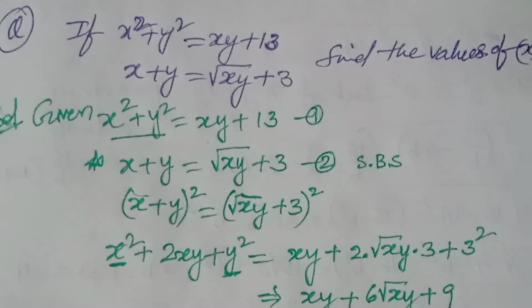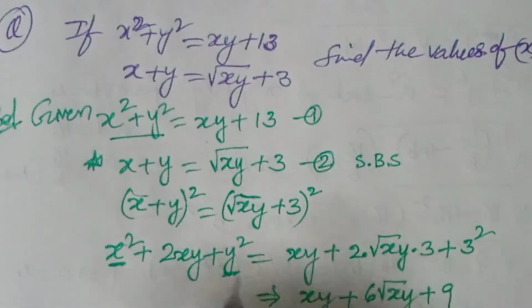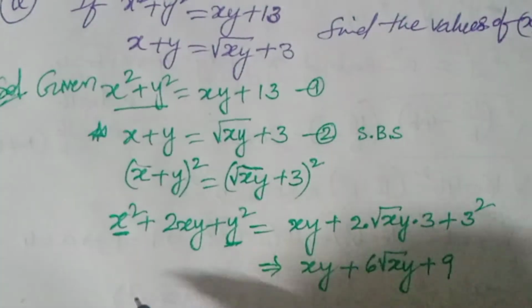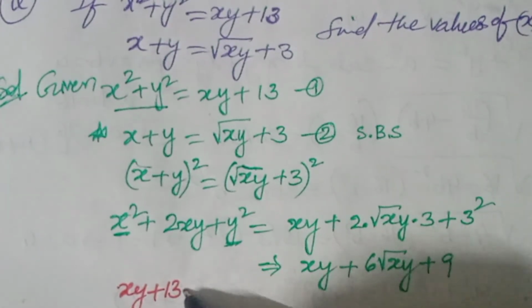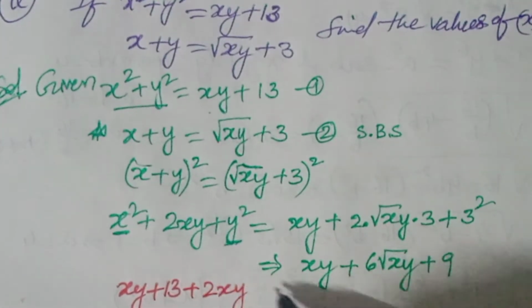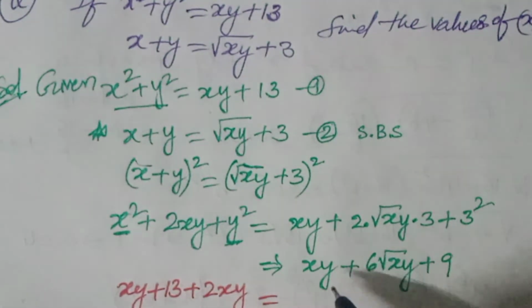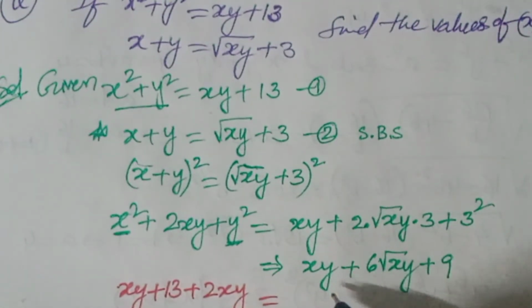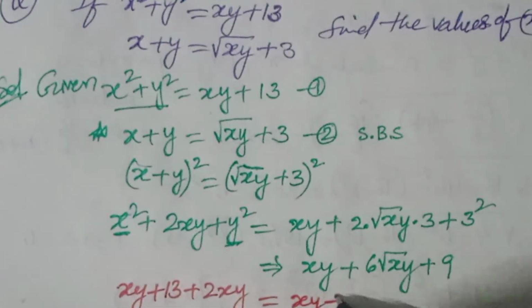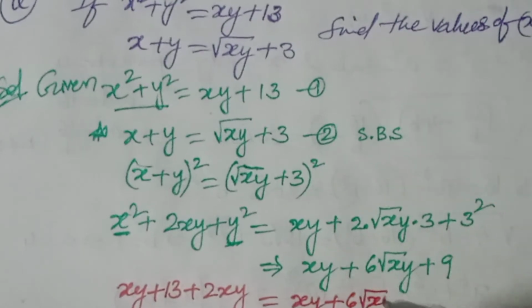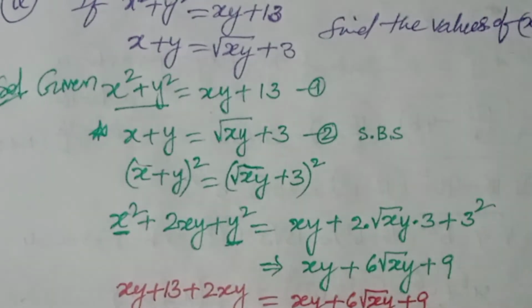What will we get here? xy plus 13 plus 2xy is equal to xy plus 6 root xy plus 9.